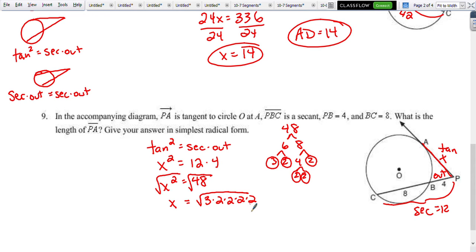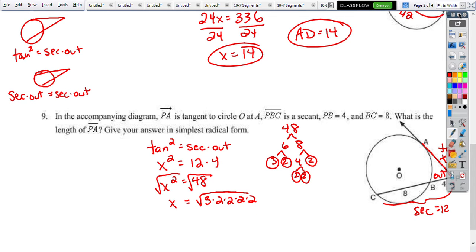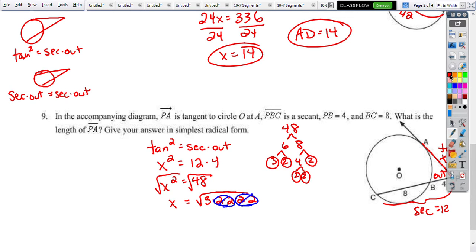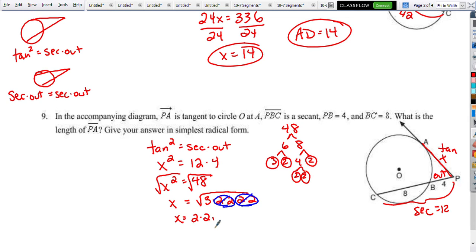So we're circling sets of numbers here, okay? Remember, two numbers to a set. So there's a set. This is 4, and this is 4. But when we take the square root, I take out 1. So remember, the twins broke out of jail, but only one survived, right? So I get 2 times 2 with a radical 3 left over, which is 4 square root of 3. Twins broke out, only one survived.